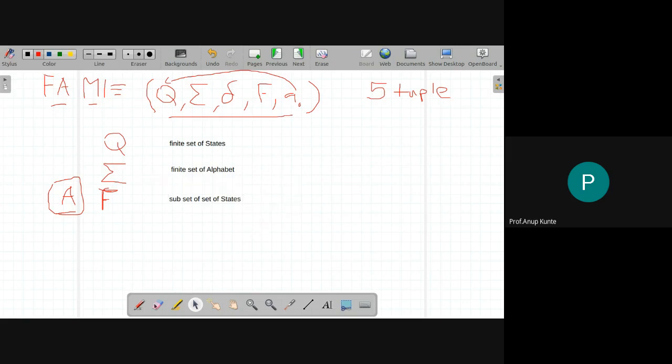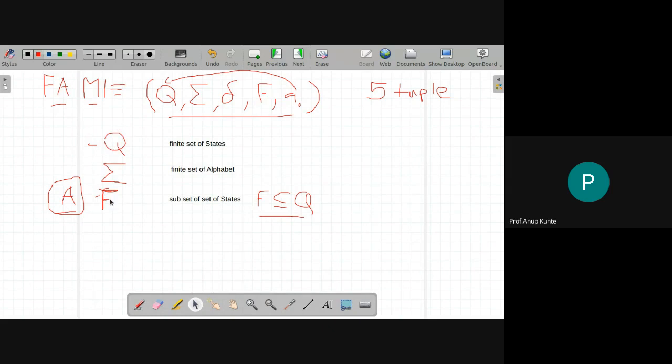In general, we say that F is a subset of Q. What it means is that some of the states from Q will be there in F. We'll understand it properly later. At present, just understand what these are.